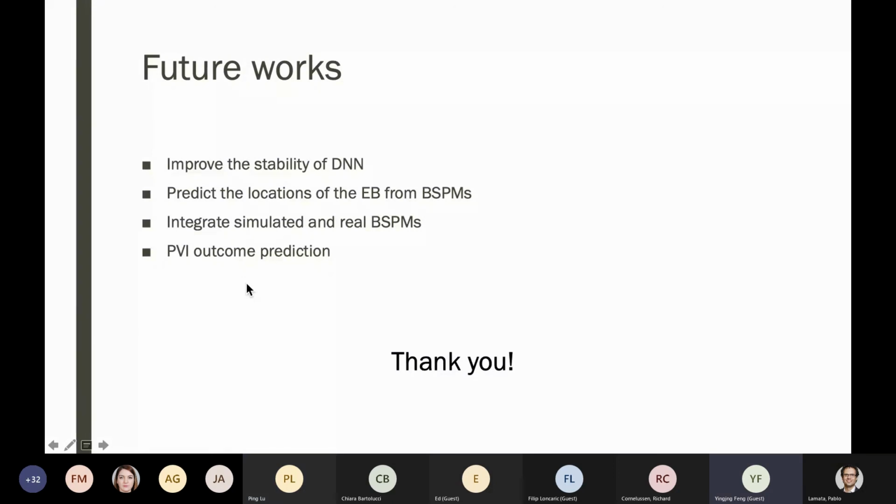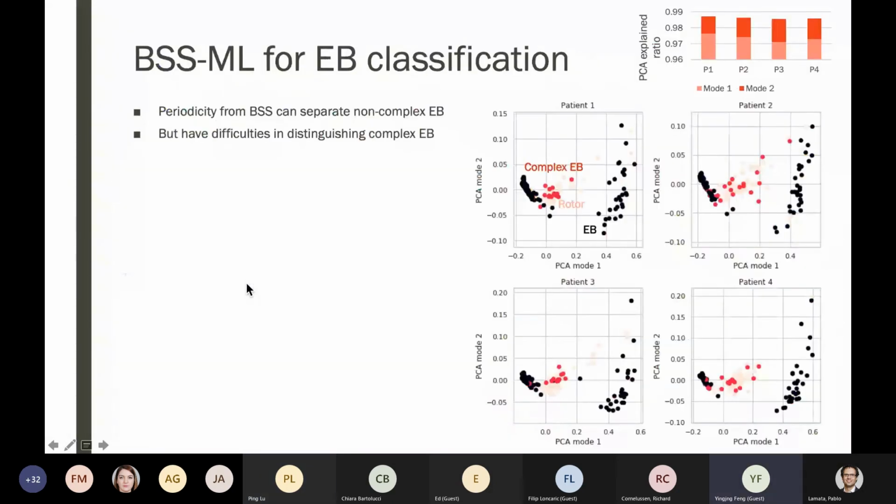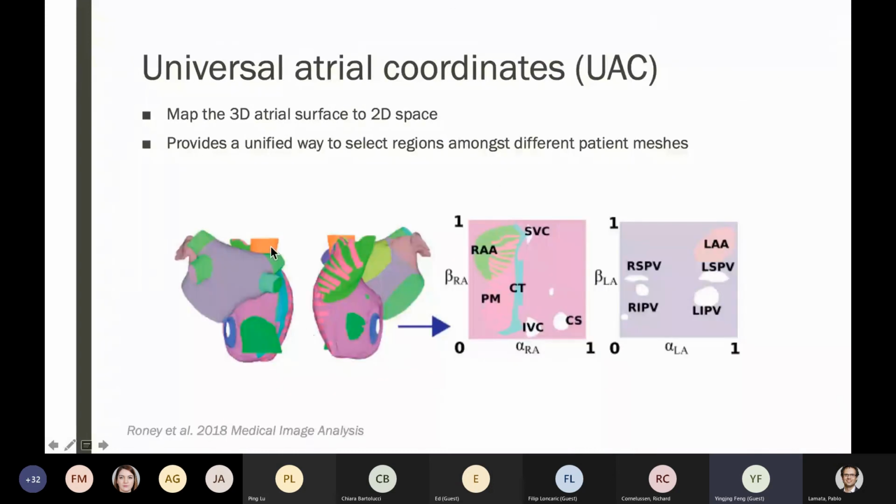Yes, so let me go back to the slide here. This is done by identifying some critical locations, such as the IVC and SVC, and we calculate a solution where you can think of defining, for example, SVC as 1 and IVC as 0, and then creating a mapping from 0 to 1 in between.